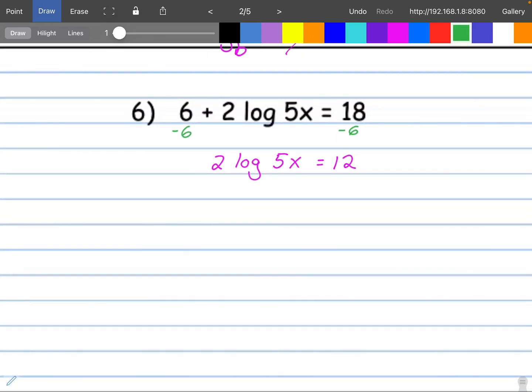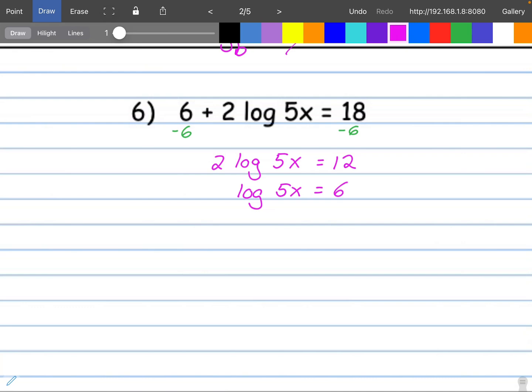Now we still have to get rid of our 2, which means we're going to divide both sides by 2. This 2 just cancels out and leaves us with log of 5x with that understood base 10, and then 12 divided by 2 is 6.